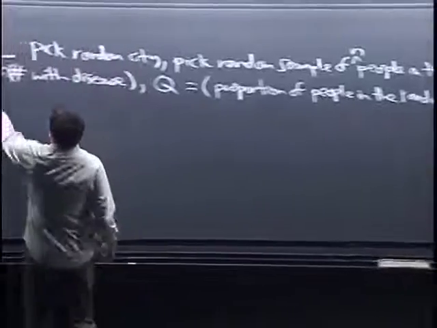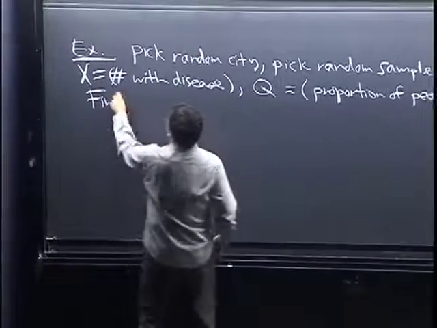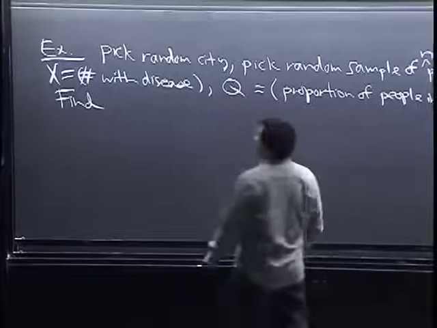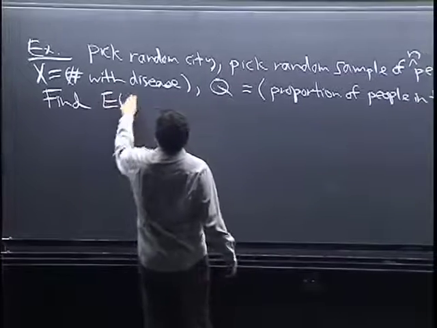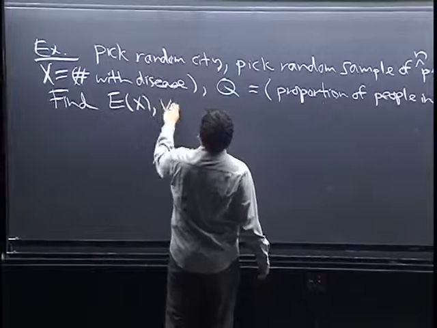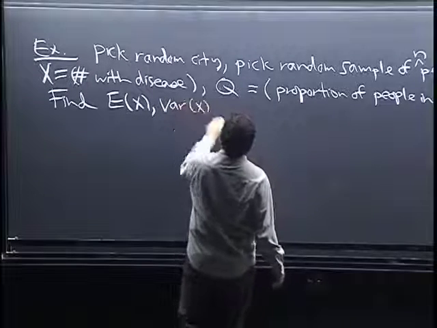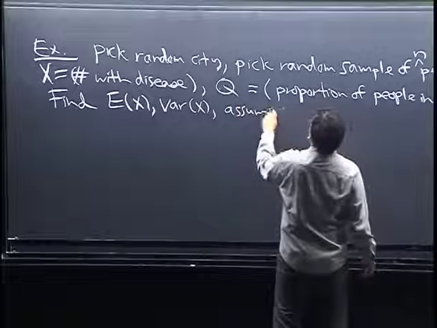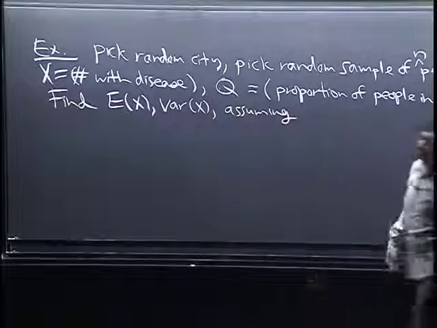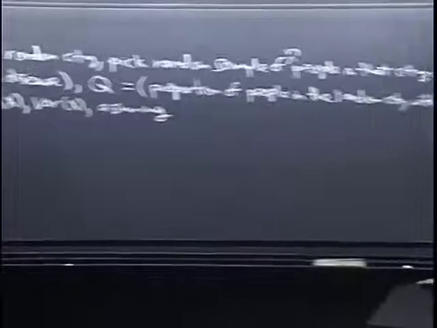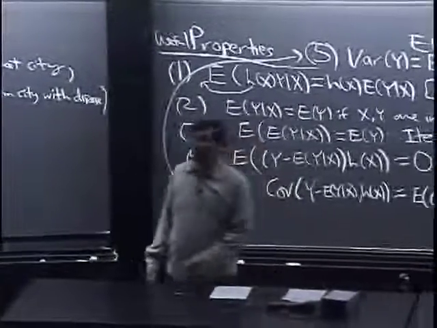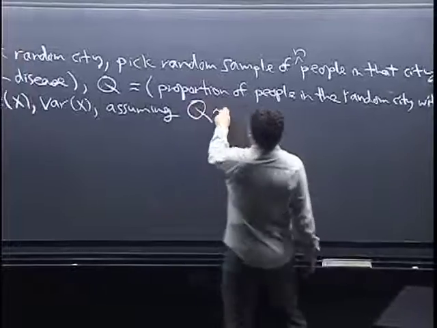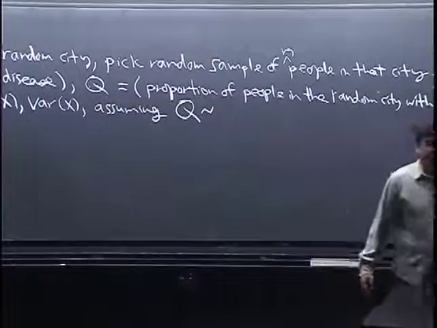Okay, so there are lots of things we could ask about this setup, but for right now, let's just find the mean and the variance of x. To do that, though, we need some assumption about the distribution of Q. The most commonly used choice in practice would be to pick a beta distribution.